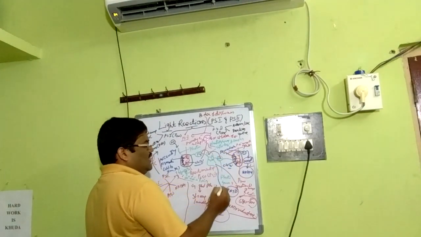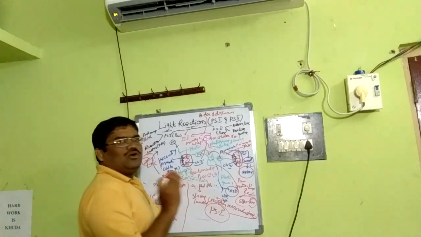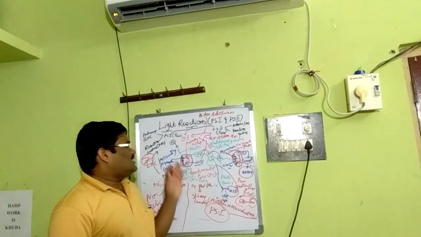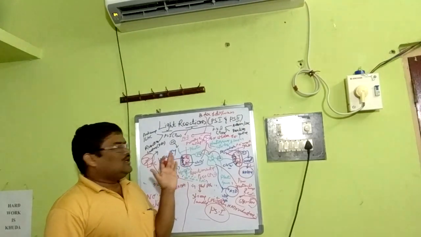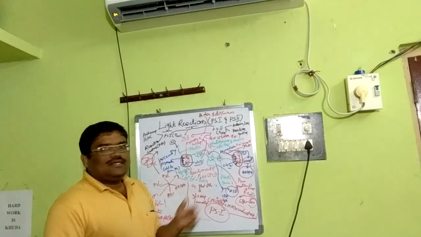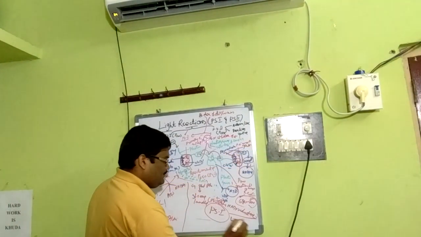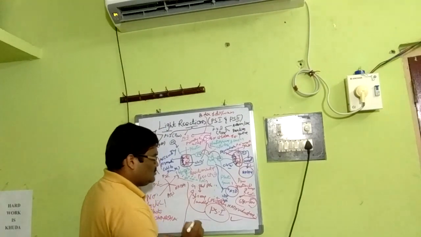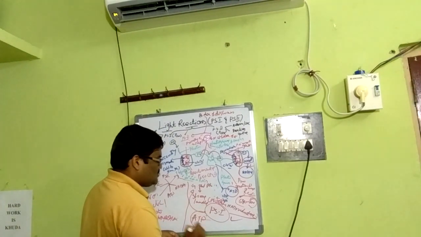During this process, ATP is synthesized. The concept is the same. The only thing is it bypasses photosystem 2, and obviously there is no NADPH. Only photosystem 1 is involved in cyclic photophosphorylation, so only ATP is produced here.